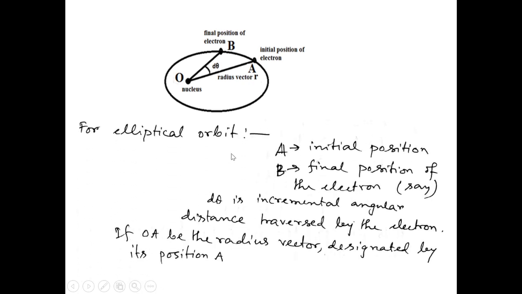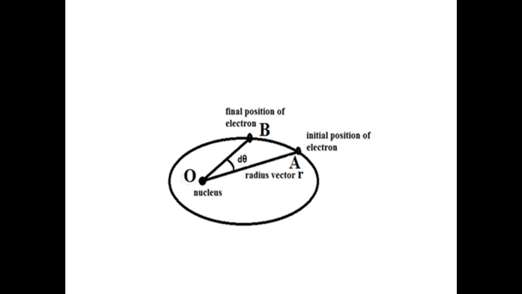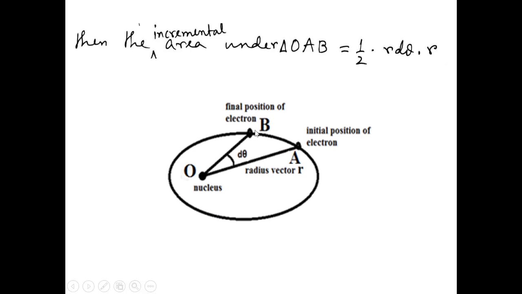So for the elliptical orbit, if A is the initial position, B is the final position, d theta is the incremental angular distance, and OA is the radius vector, then from this picture we can write the area traversed by the electron for this particular triangle OAB. It is half into base into height. Base is r d theta, height is r. So the incremental area is half into r d theta into r.